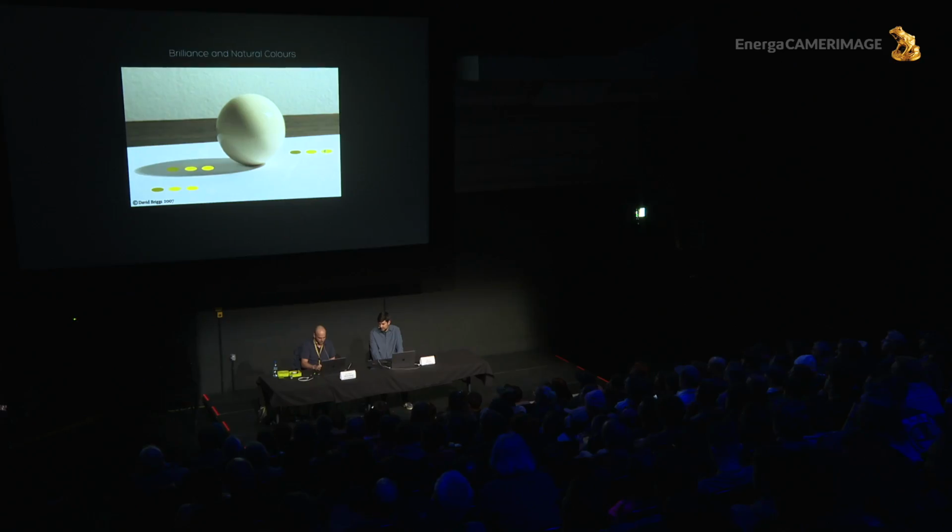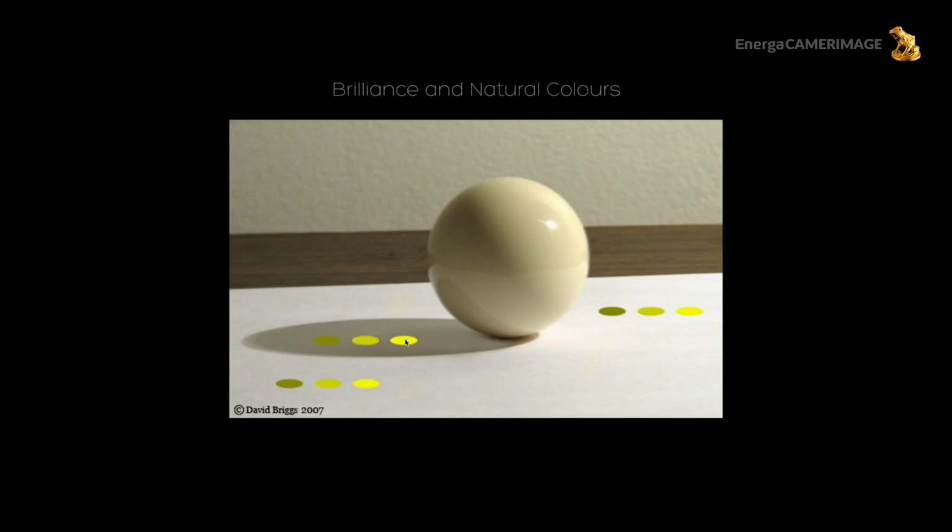It's called brilliance. This is an image here from bricks, where the RGB values of the yellow patches are all the same, but this looks almost fluorescent or light emitting, because compared to the established white, this is technically too bright to be a surface color. So it looks like it's emitting colors.